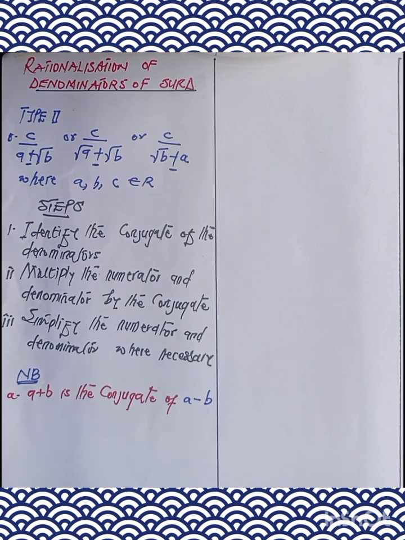You can also have 2x plus 4. Its conjugate is going to be 2x minus 4. The only important thing is you change the sign. If it is positive, it becomes negative. If it is negative, it becomes what? Positive. So let's look at note 2.